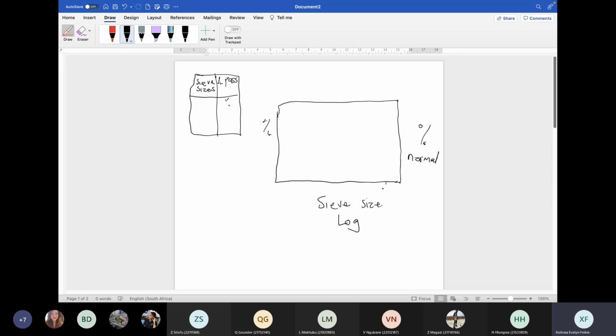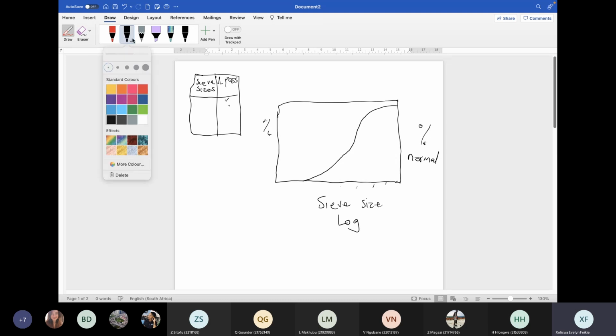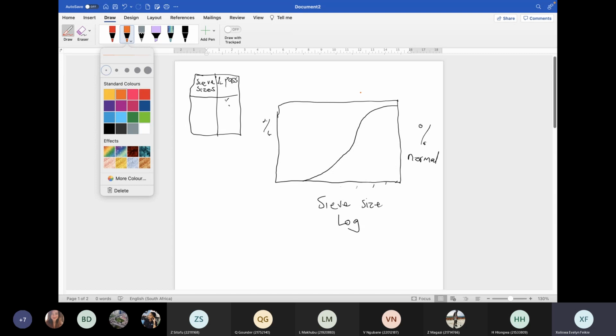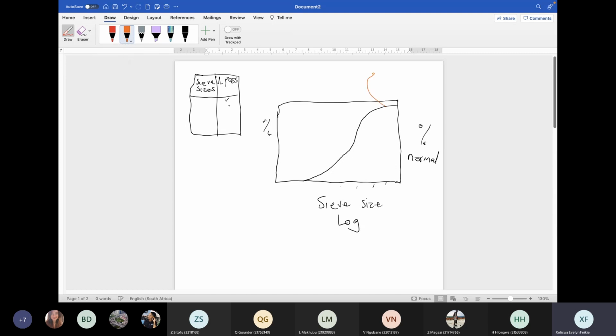So you have different types of sieves, right? For example, if this is a shape that you got, what is that shape? This is your grading curve. We call this your grading curve. How did you achieve this?